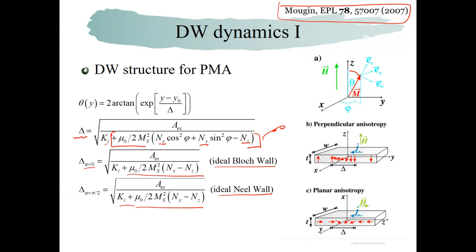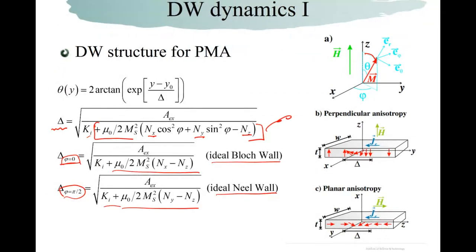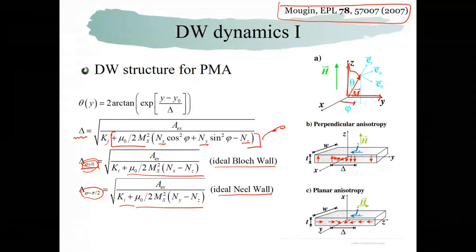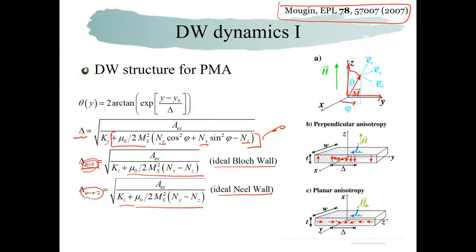And here the Bloch wall is the case when phi is 0, and if phi is pi over 2, then this is the ideal Néel wall. So phi is the azimuthal angle in our xy plane here. So a Bloch wall means the domain wall is confined in the yz plane, something like this here.